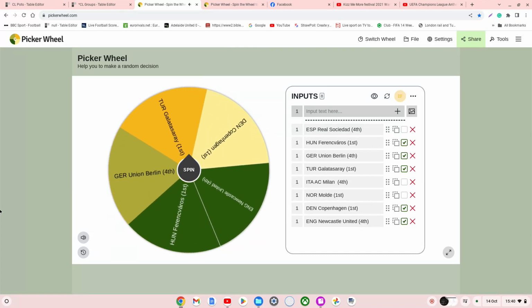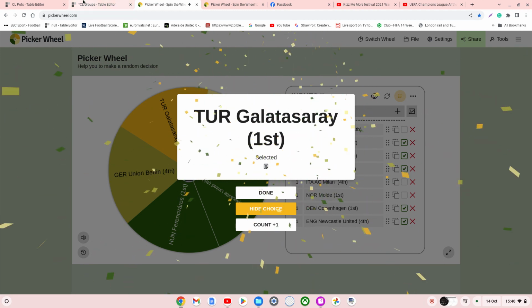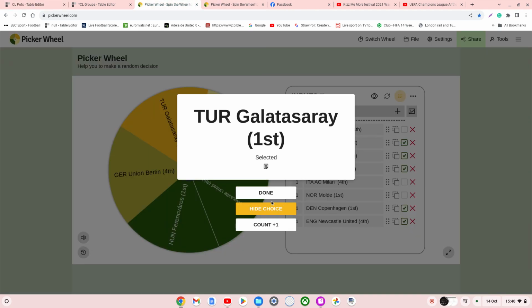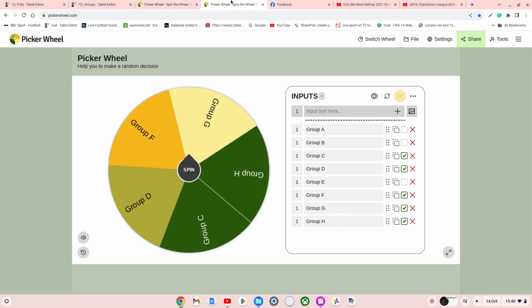And it's Galatasaray from Turkey. And they are the first Turkish team, so they can draw anywhere they want. So they have 5 available options: Group C, D, F, G, or H.